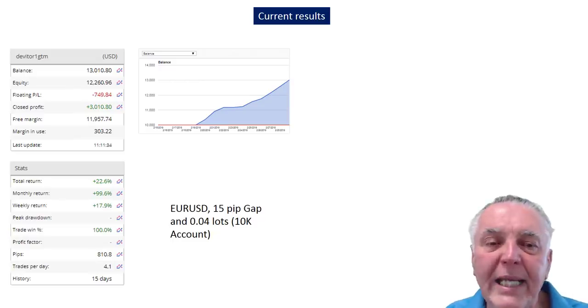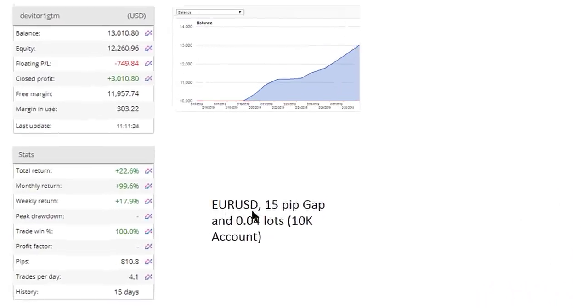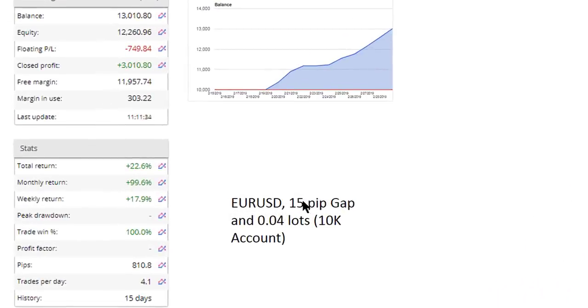In this technique, it uses the Euro USD. It uses a 15 pip grid. So those grid lines I showed you earlier are 15 pips apart, and it trades lots of 0.04, and it started with a $10,000 account. Why I'm telling you that is those are the only settings you need to worry about when you trade this technique.